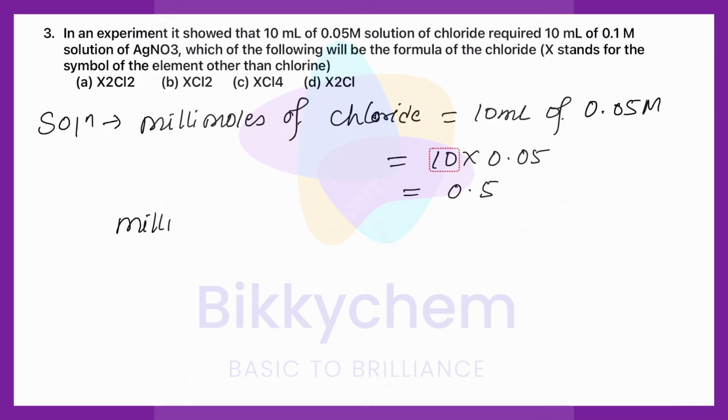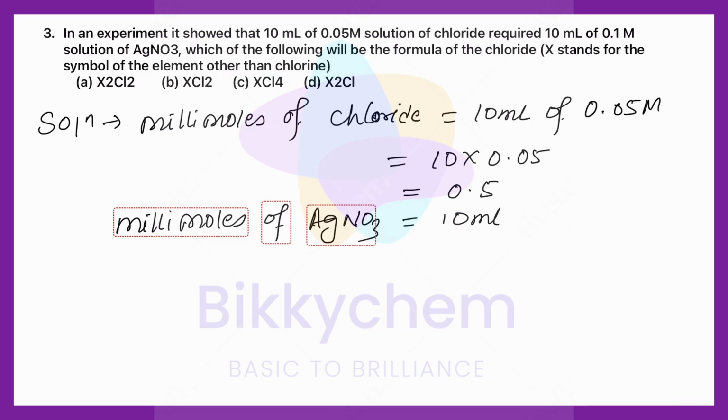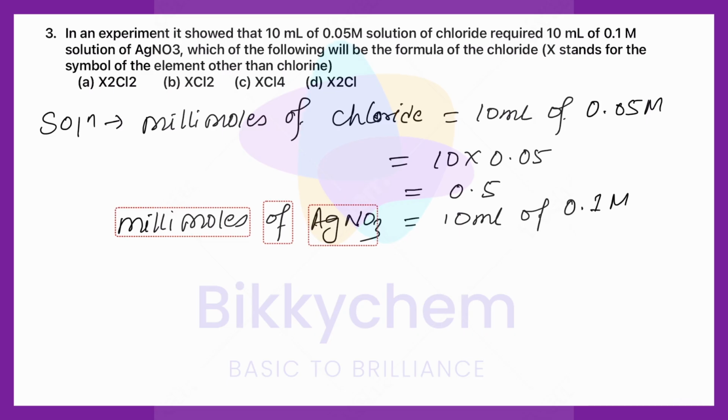Similarly, the millimoles of AgNO3 is 10 ml of 0.1 M, which means 10 into 0.1, so it is 1.